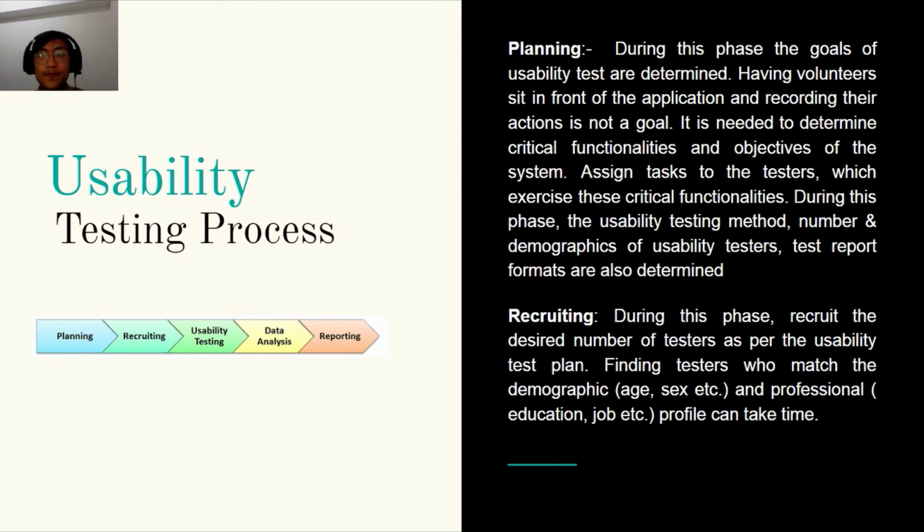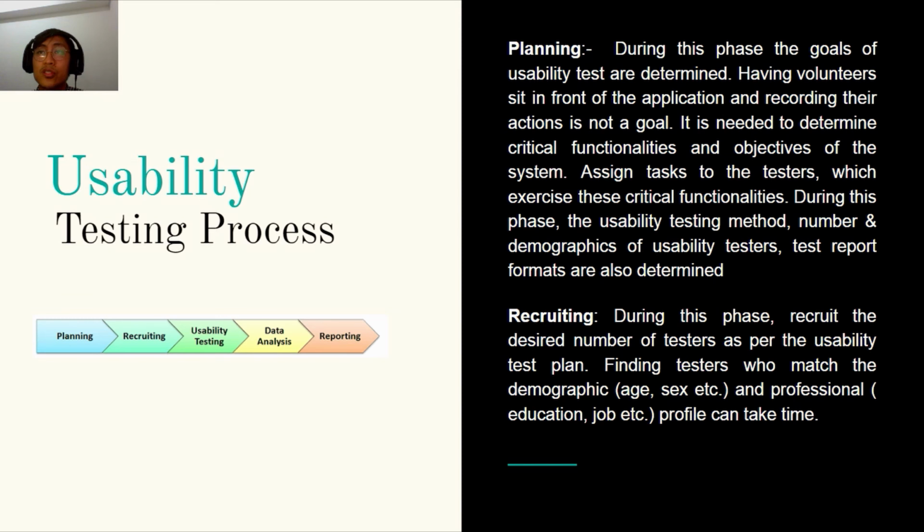So next is the process. So the process is from planning, recruiting, usability testing, data analysis, and then last is reporting. So I'll go one by one. So planning is the phase where the goals of usability tests are determined. Having volunteers sit in front of the application recording their actions is not a goal.